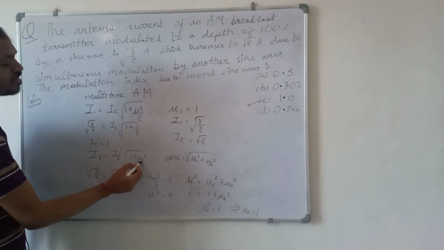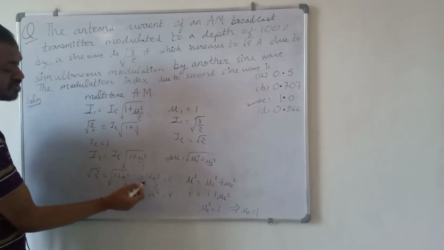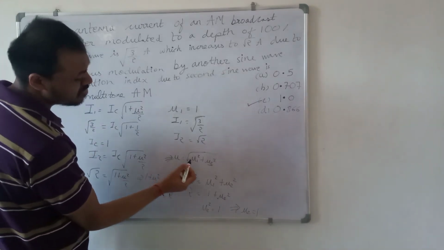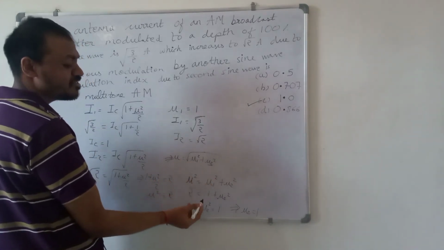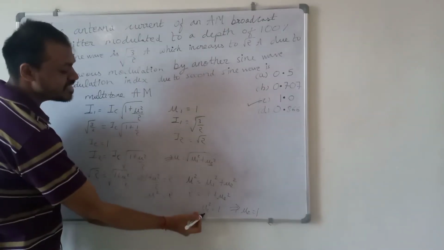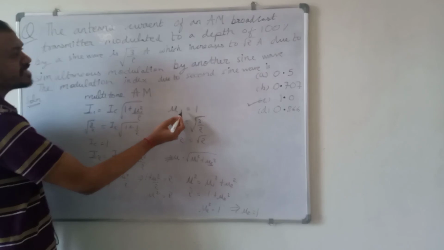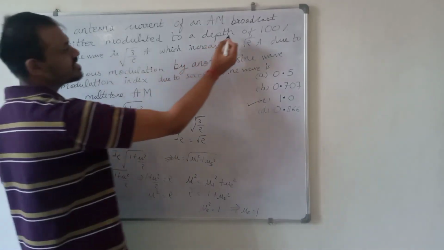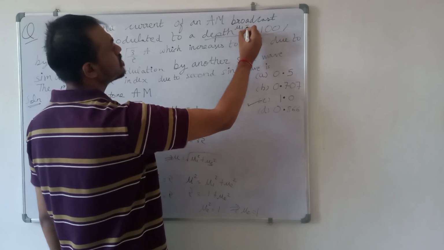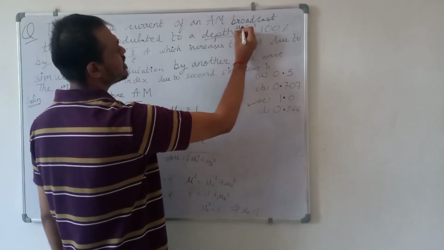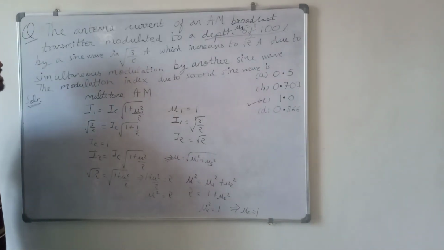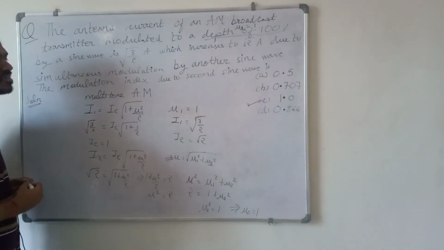So mu square is 2 and mu is the square root of mu1 square plus mu2 square. Substituting these values, we found the modulation index due to the second sine wave, which is mu2. And mu1 was the modulation index due to the first sine wave, given as a depth of 100%. So mu1 is 1, because when the depth is 100%, the modulation index is 1. Thank you.